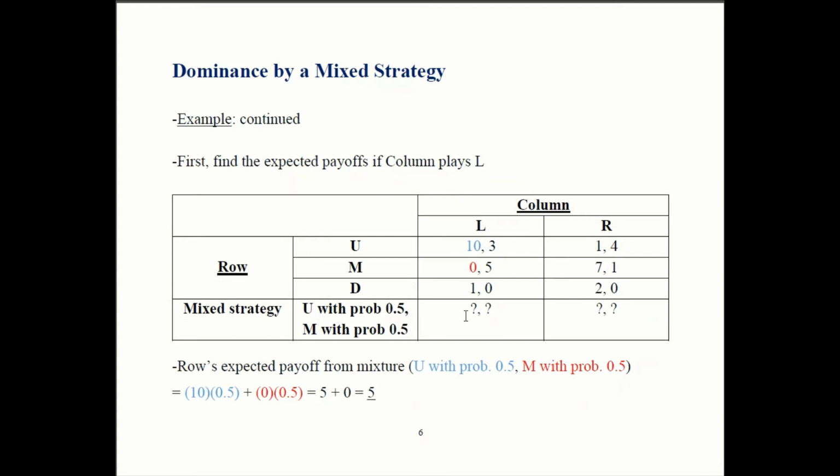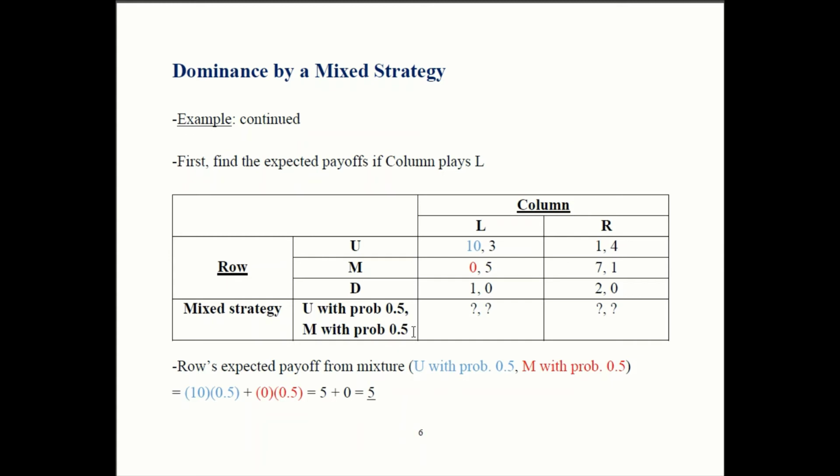So let's work on this one here. Let's figure out what is row's expected payoff if column is playing left. So with our mixture, we're playing up half the time. If we play up against left, we get a payoff of 10. So we're getting a payoff of 10 with probability 0.5. The other part of our mixture is that we're playing middle half the time.